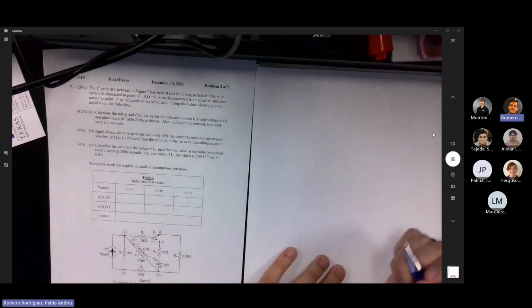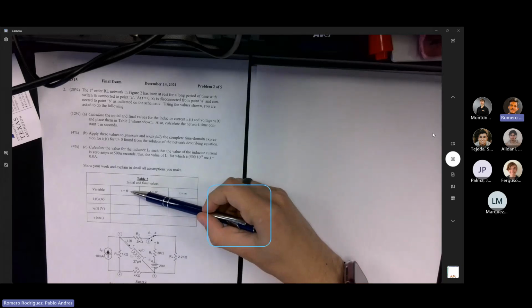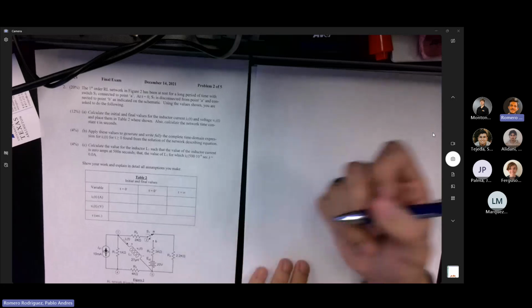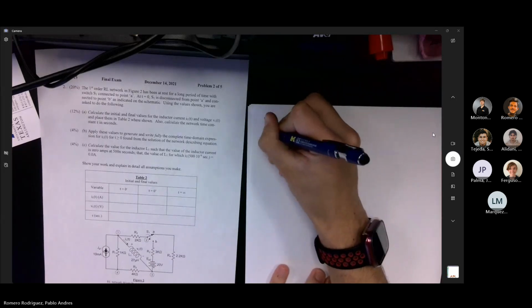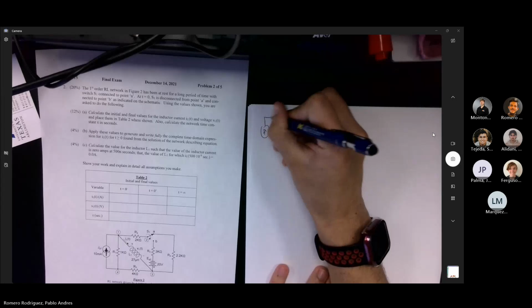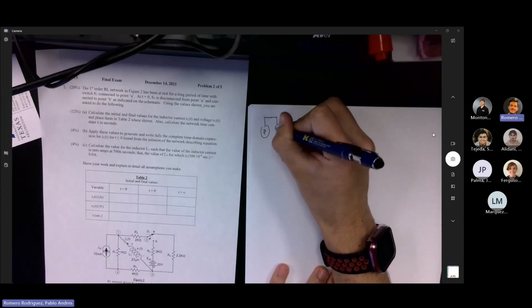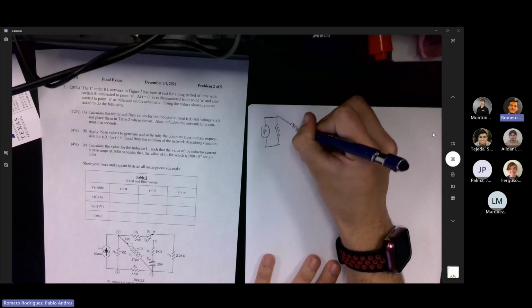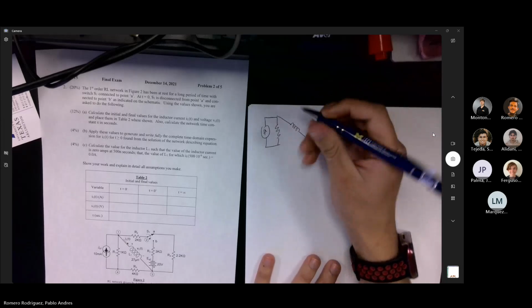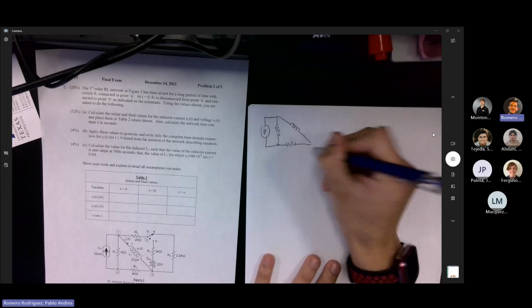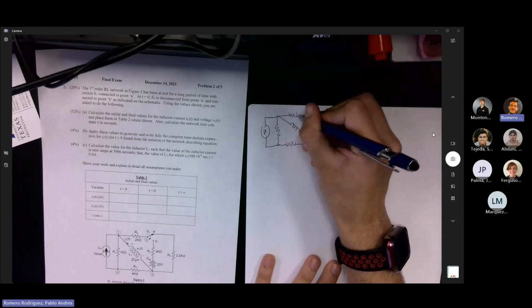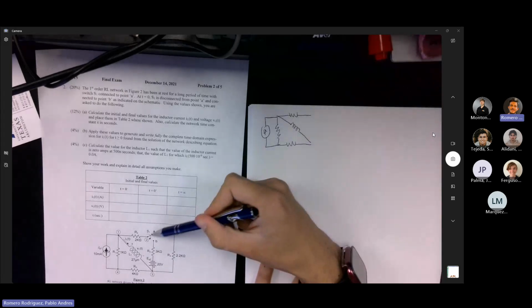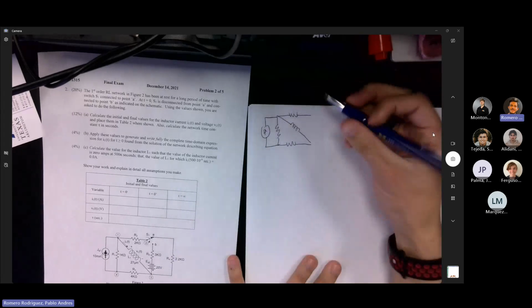So let's start with the first one. At time 0 minus, this switch is open, so I can remove this, right? This is not connected to anything, so I can remove it. So I'm just going to have a source here connected to this resistor here with that inductor diagonal, and that connected to that resistor here.